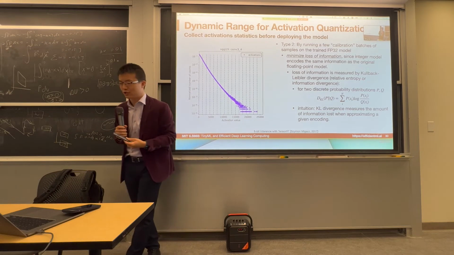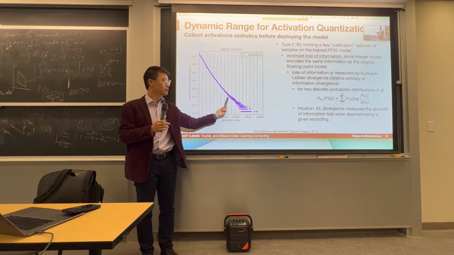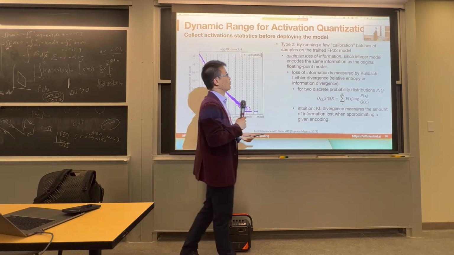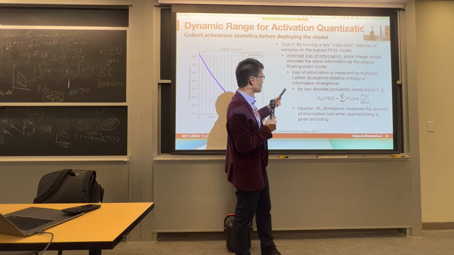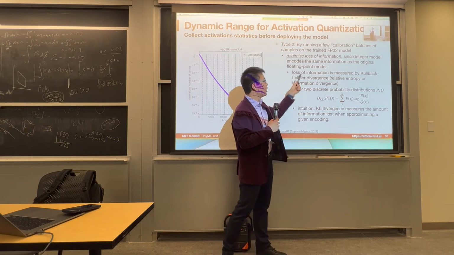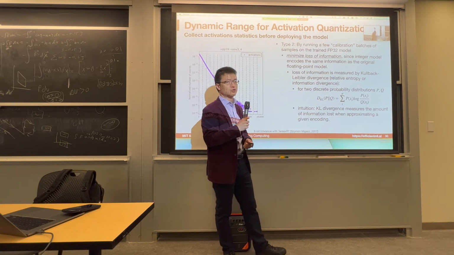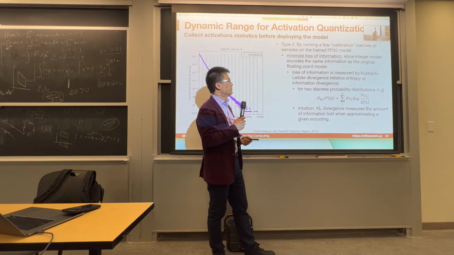But how exactly should we determine this value? Those are the intuition, but mathematically, we want to quantify this by finding this KL divergence, which is measuring the loss of information, the relative entropy or information divergence.